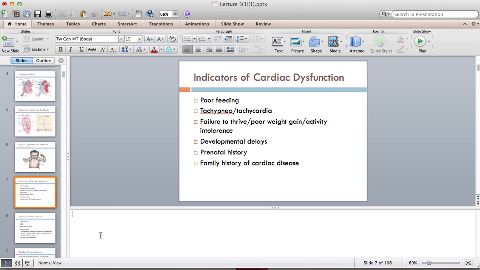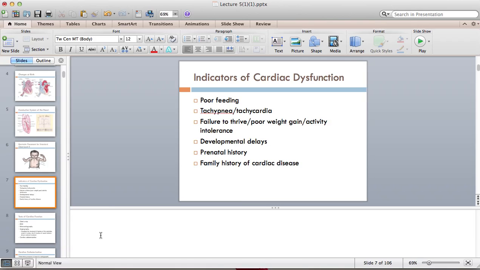Because that child is not feeding well, that child will end up with failure to thrive, or that child will start losing weight, or that child will start having problems tolerating activities. Okay, just trying to feed that child, you see that the child will just talk and talk and talk.